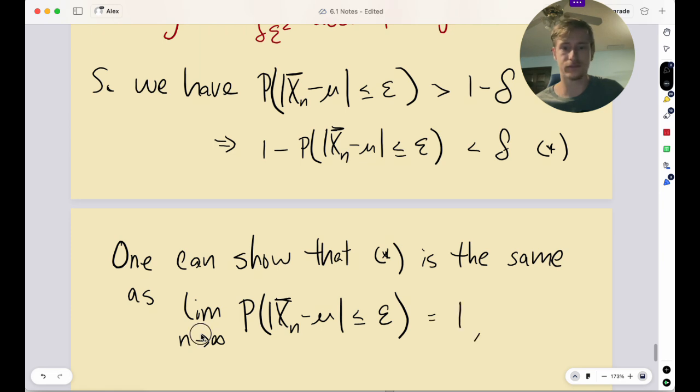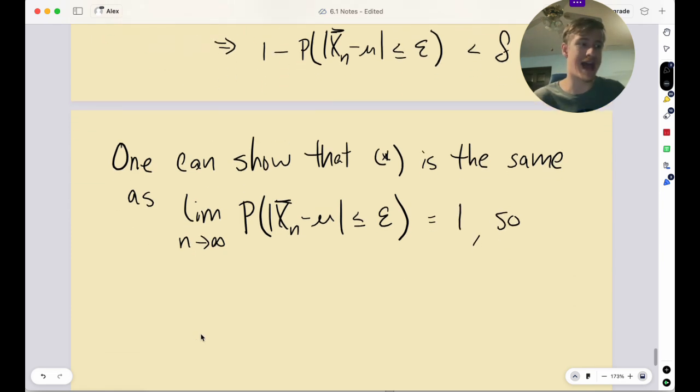So then we have that xn bar converges to mu in probability.